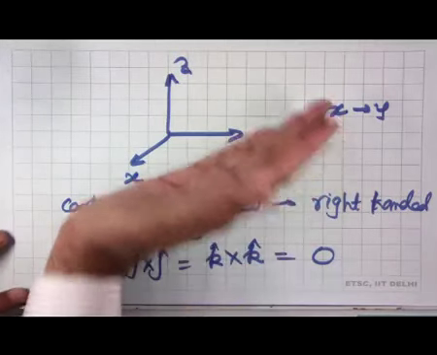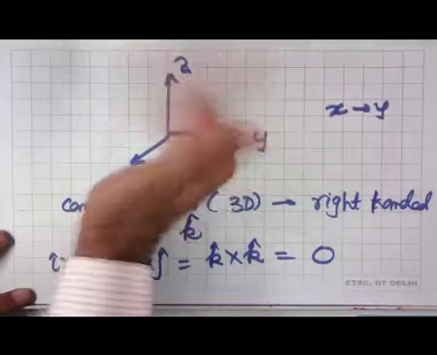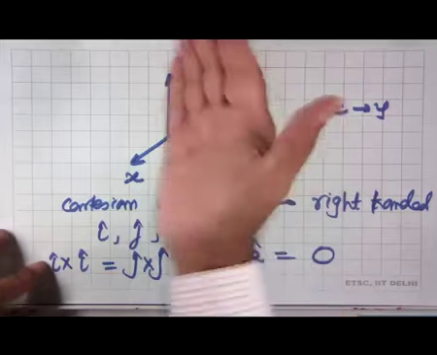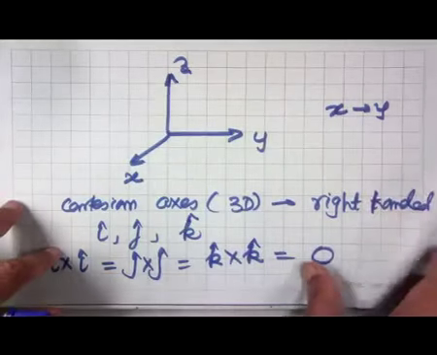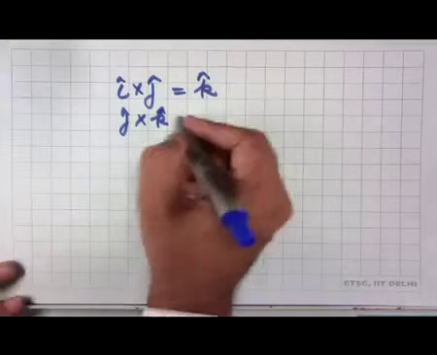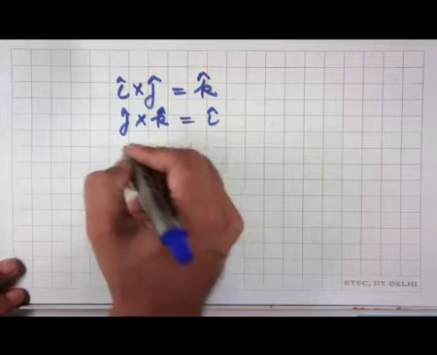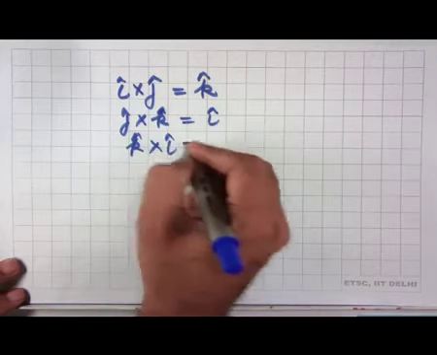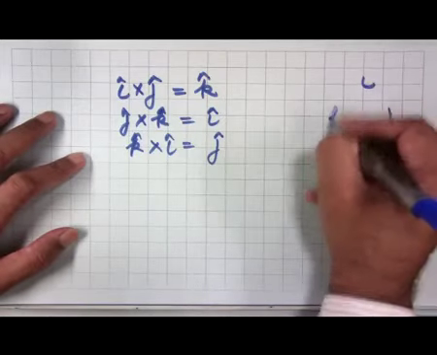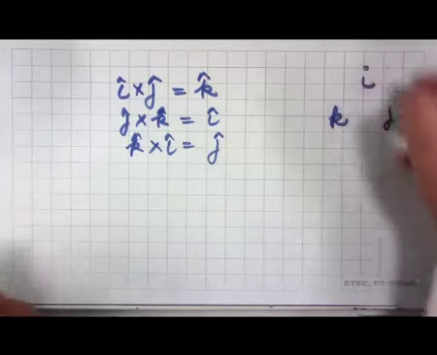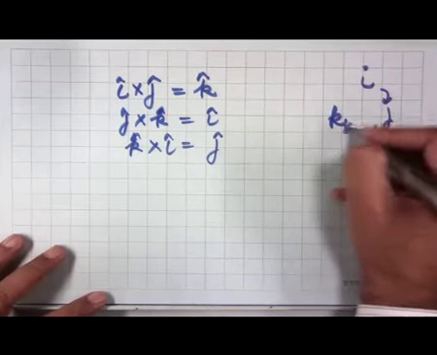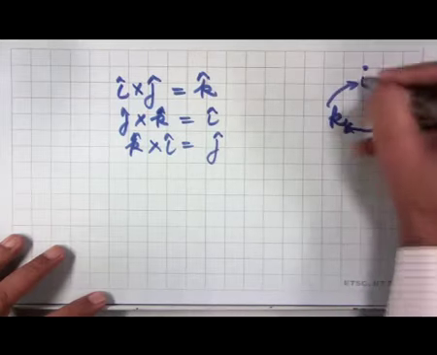Similarly, if I go from y direction to z direction, if I curl my fingers, then I am pointing upwards, which is the x direction, and if I go from z to x, I am pointing in the direction of plus y. So, we have j cross k is equal to i and k cross i is equal to j. And if you observe, these make a cyclic order: if we put i, j, k in one order, then i cross j is equal to k, j cross k is equal to i, and k cross i is equal to j.